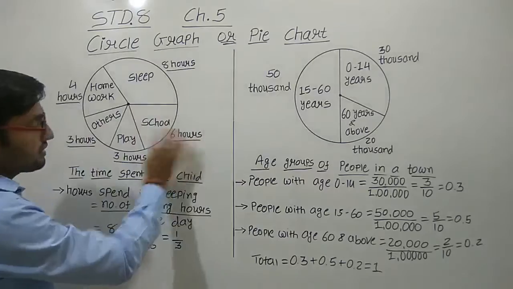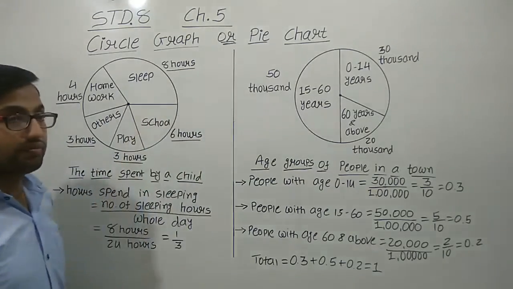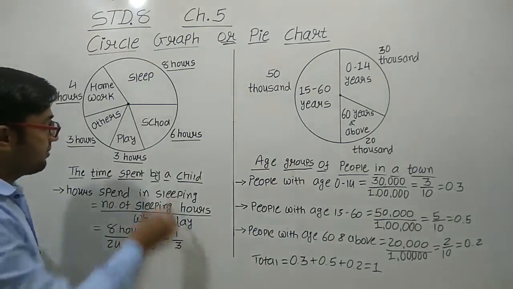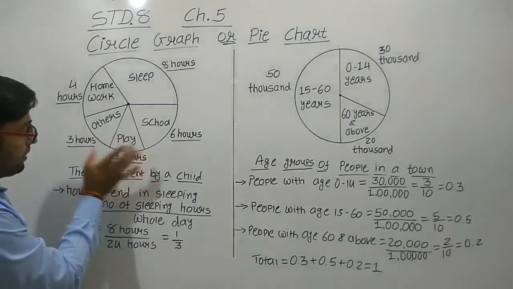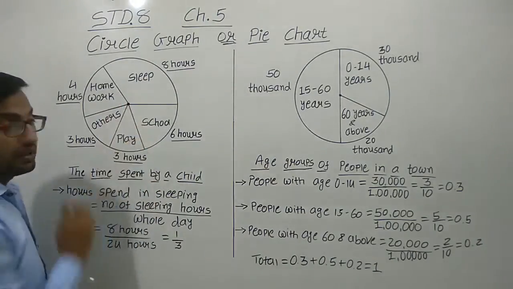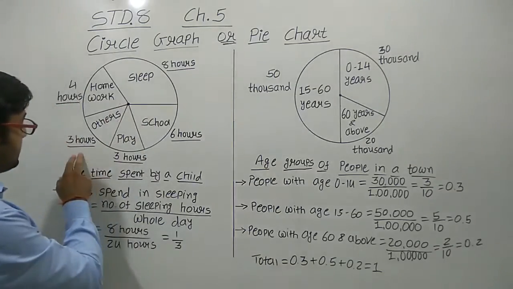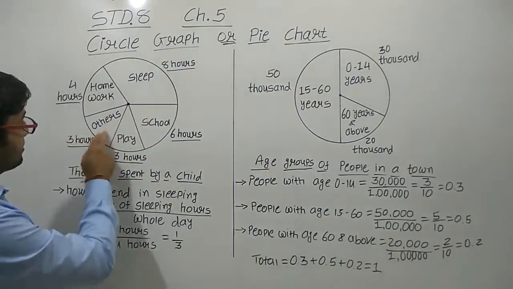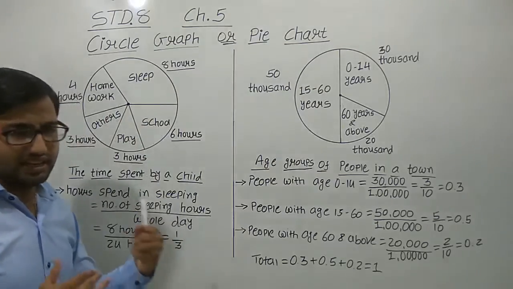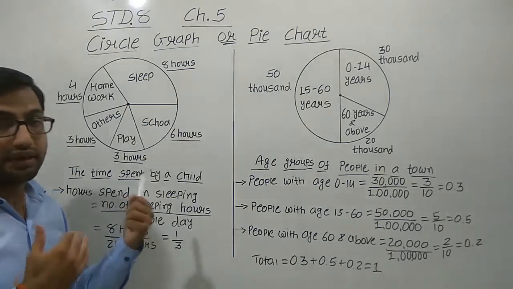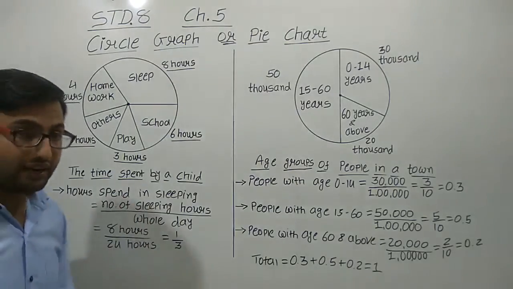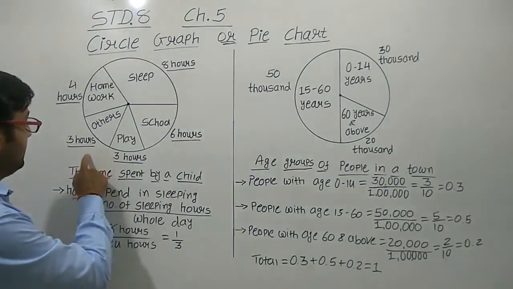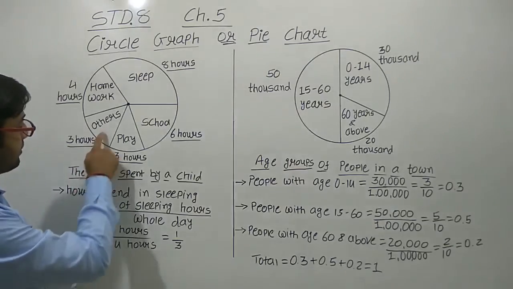Again, this is 6 hours and this is for school. A child spends 6 hours at school. A child spends 3 hours playing games. In the same way, the child spends 3 hours in other activities like helping at home, helping the father, helping the mother, or any other activity, like going to the market.